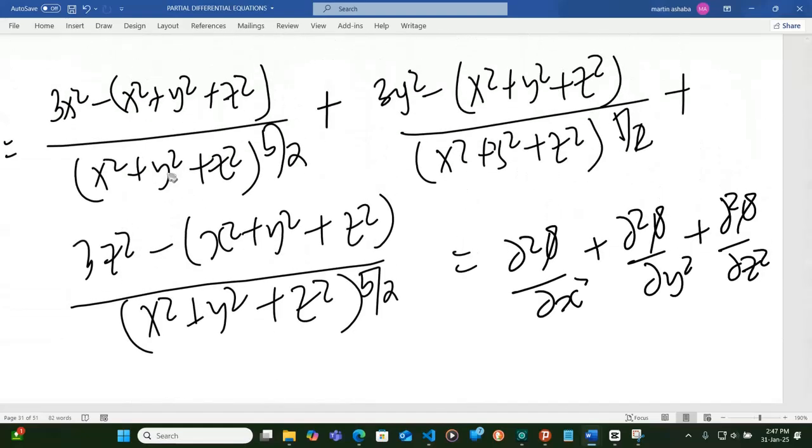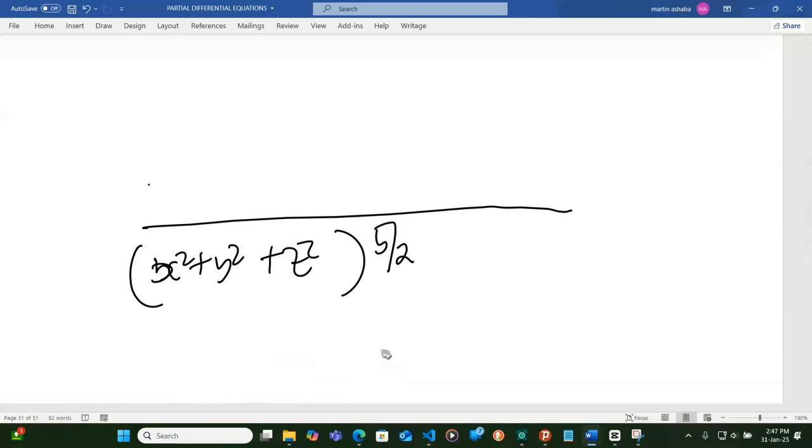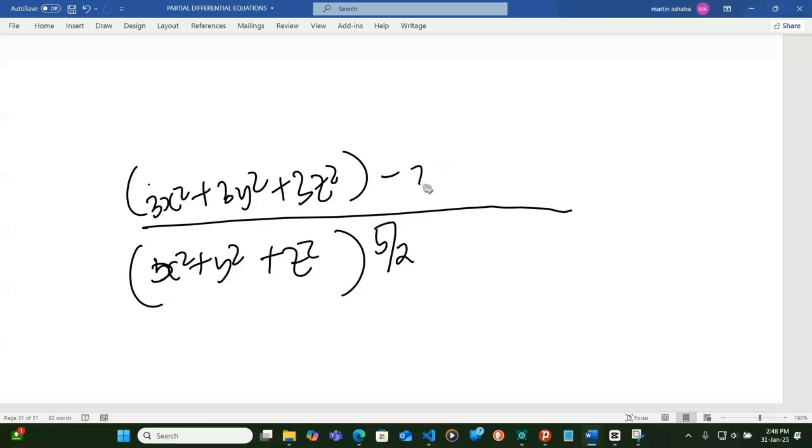If I'm adding, I'll have 3x squared plus 3y squared plus 3z squared, and then we shall take away 3 into (x squared plus y squared plus z squared). If I open brackets, I'll find this is the same, and this is equal to 0.